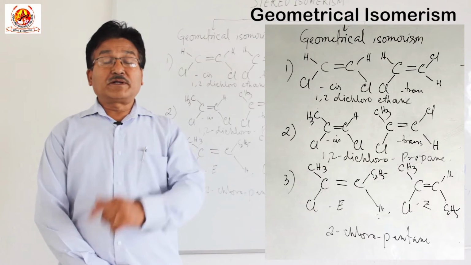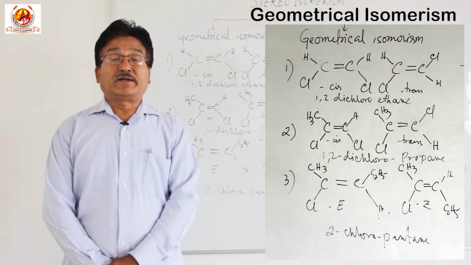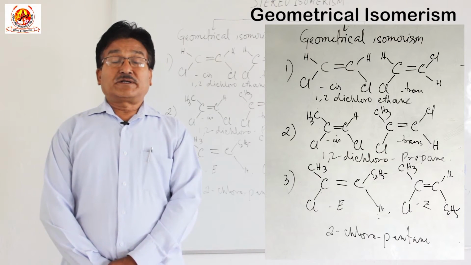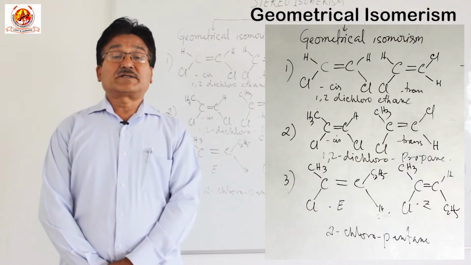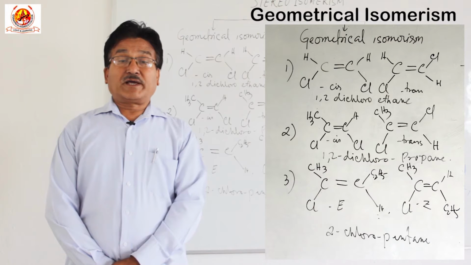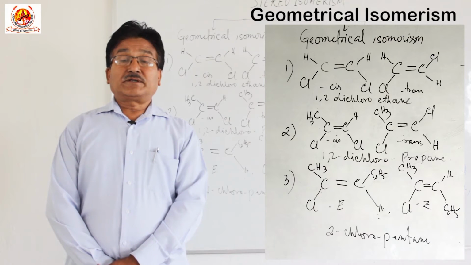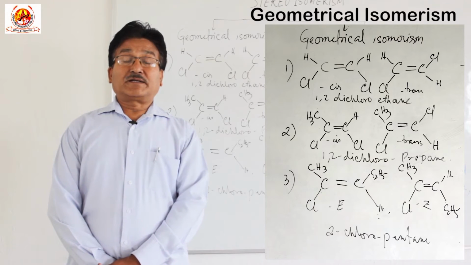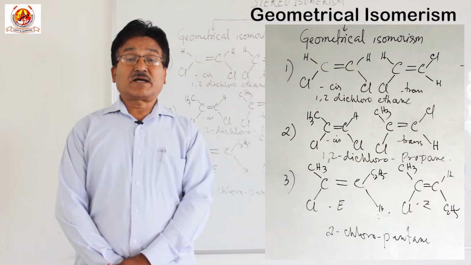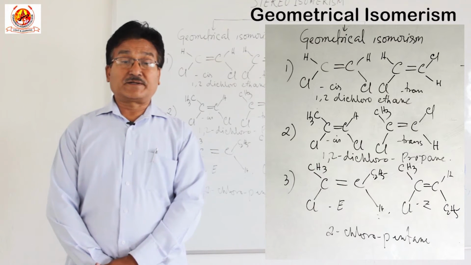In the cis isomer, the hydrogens and chlorines are on the same side. In the trans case, the hydrogens are on opposite sides and the chlorines are also on opposite sides.